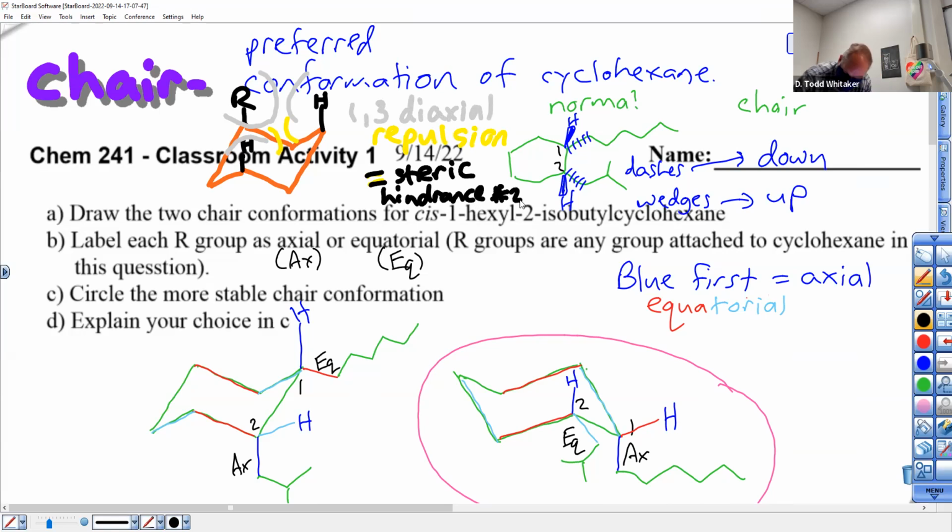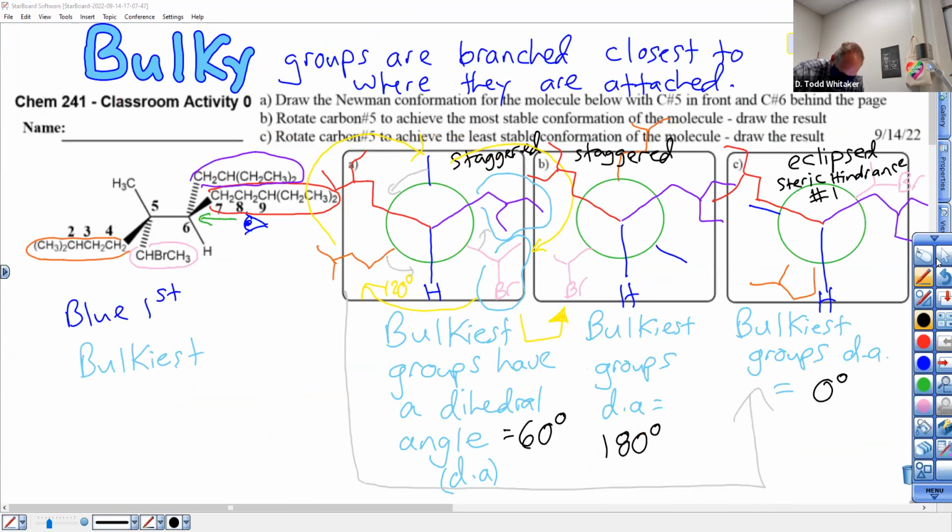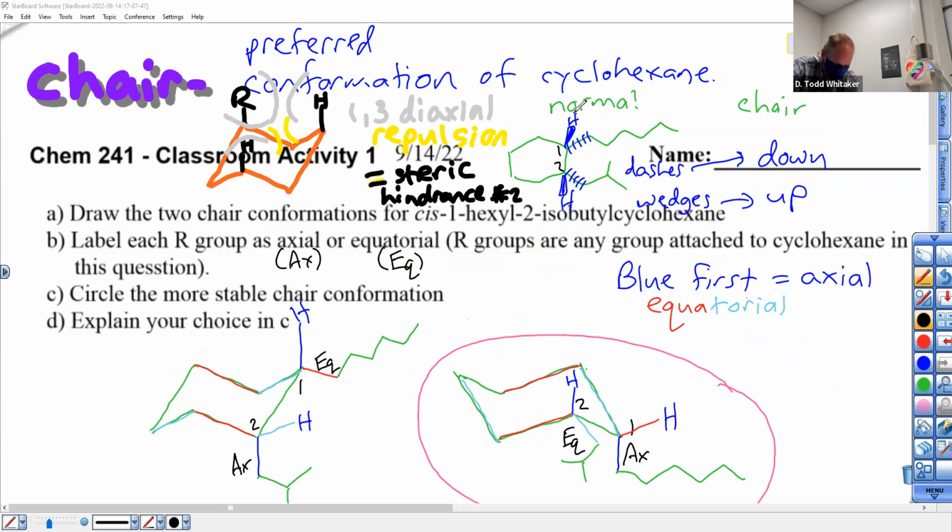It was when groups were on adjacent carbons and they were right behind each other and in front of each other. Call that eclipsed. The beautiful thing about chairs is there's no eclipsing at all on adjacent carbons. You're going to be looking at that in the video because it compares cyclohexane to cyclopentane to cyclobutane, and cyclohexane is the snizzle, as Snoop Dogg would say, because it doesn't have any eclipsing.